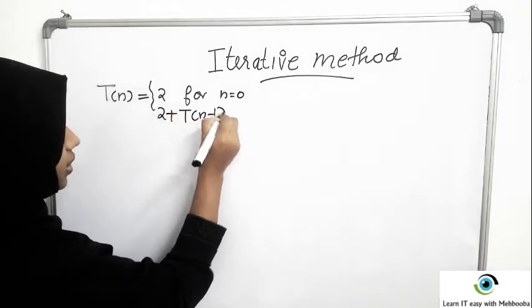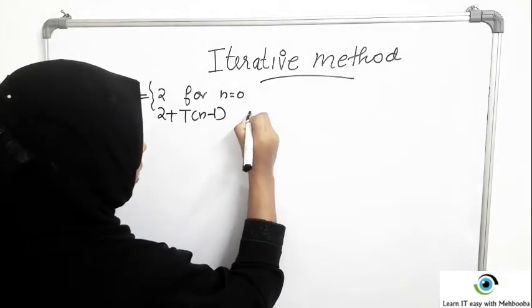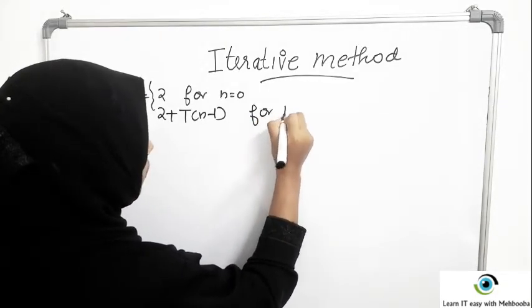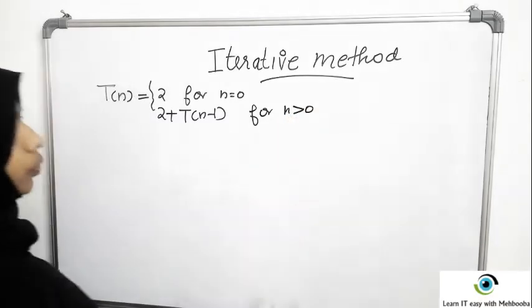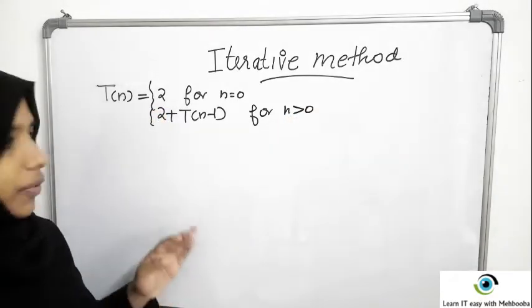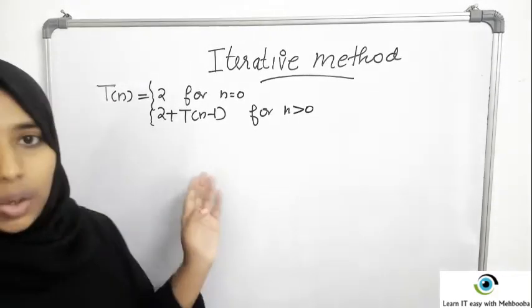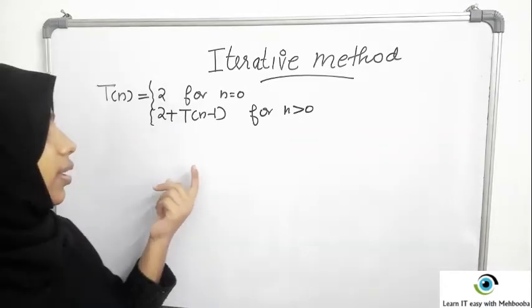This is one of the recurrence relations that we got in a previous video. So let this be our recurrence relation that we got while solving a recursive algorithm. We need to find out the complexity from this recurrence relation.